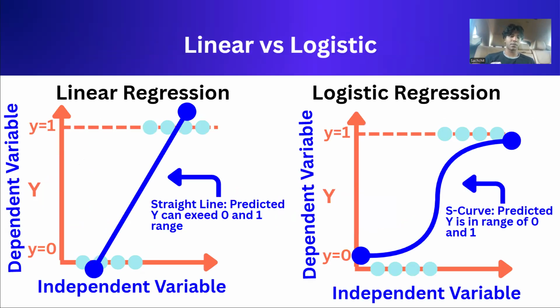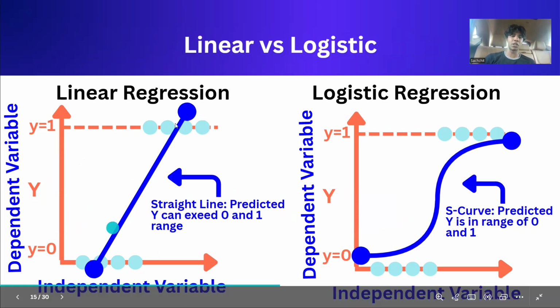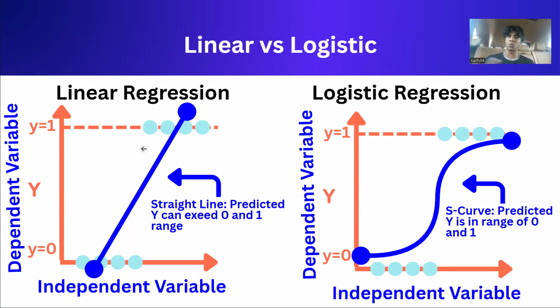Looking at this graph, if we put a linear regression on an axis that's restricted by 0 and 1, with 0 being non-cancerous and 1 being cancerous, it goes infinitely out and exceeds this range. So we can't use linear regression in this case. So what can we use?